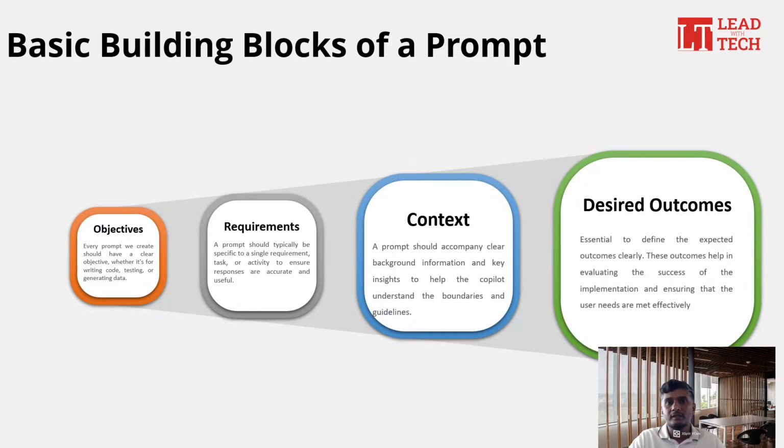And the context is very critical. We typically talk about prompts, but we rarely talk about context, right? The response of a prompt directly depends on the context you give. The relevancy of a prompt depends on the context. The more context you give, the more relevant it is. And the context is something that you build as you build your sprints.